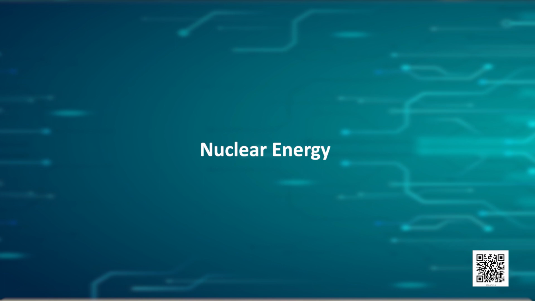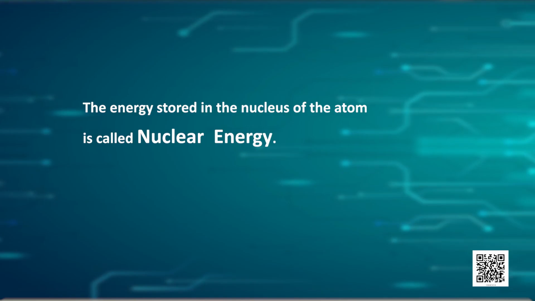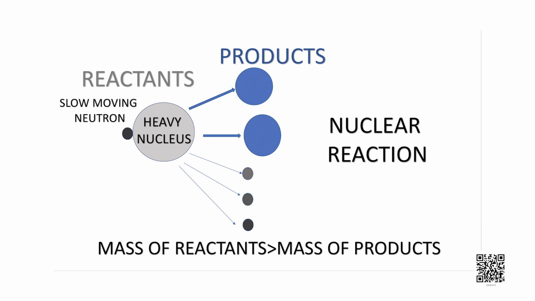Nuclear energy. We are now shifting our focus to the basic unit of matter, which is the atom. Energy stored in the nucleus of the atom is called nuclear energy. How is the nuclear energy generated?